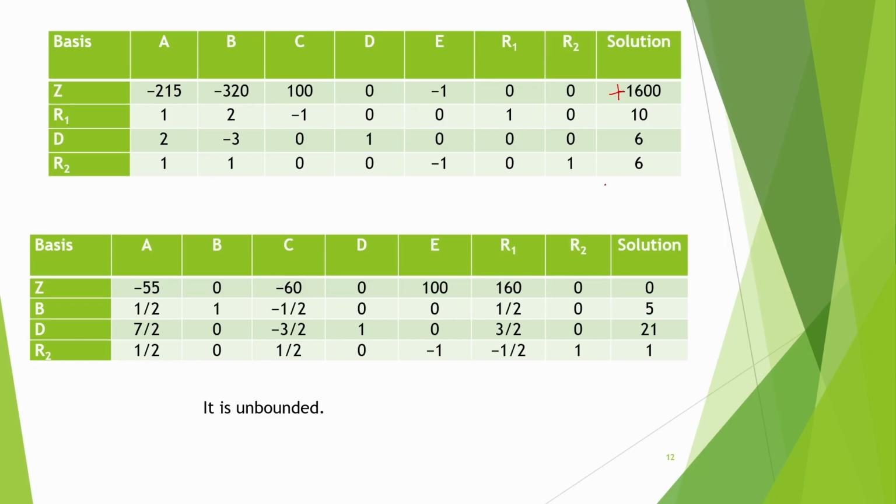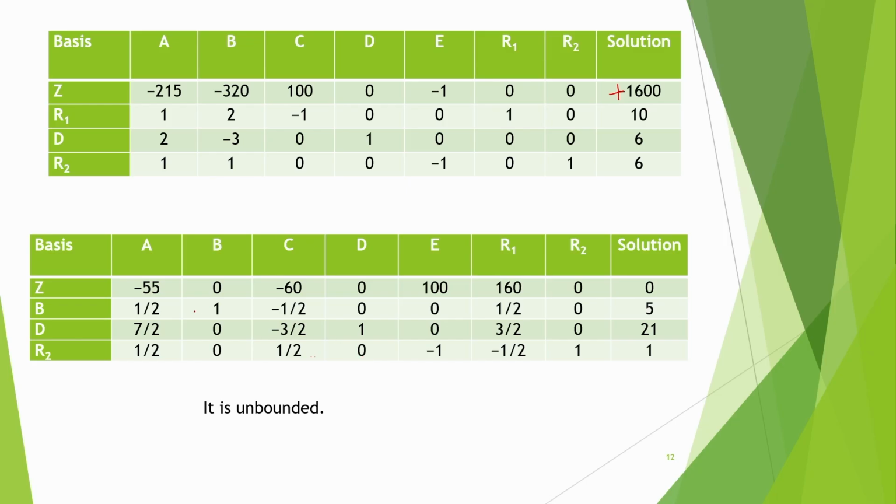Suppose the most negative coefficient is coming, and in fact there is one column where all the values are becoming negative. Okay, that means this is half and this is the thing. So this becomes an unbounded type of solution.